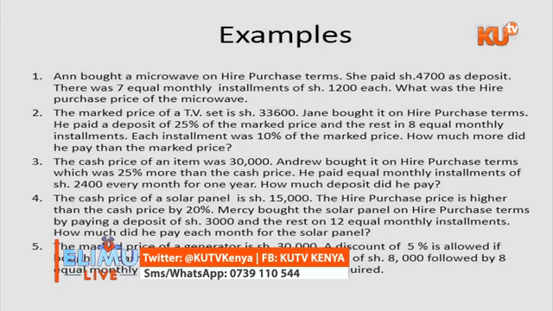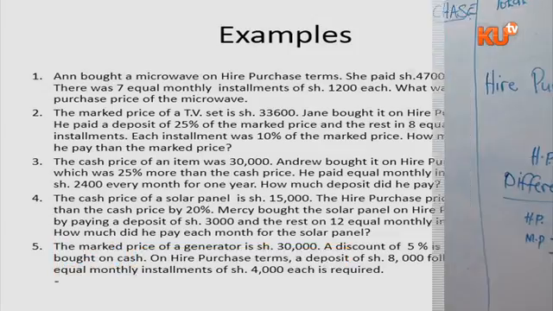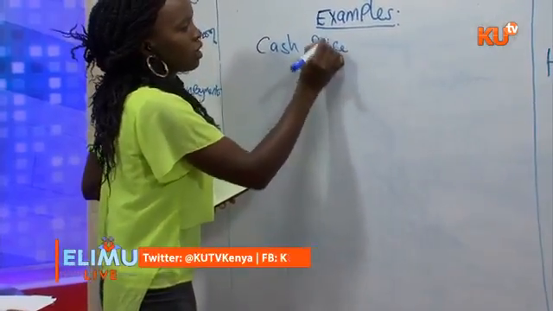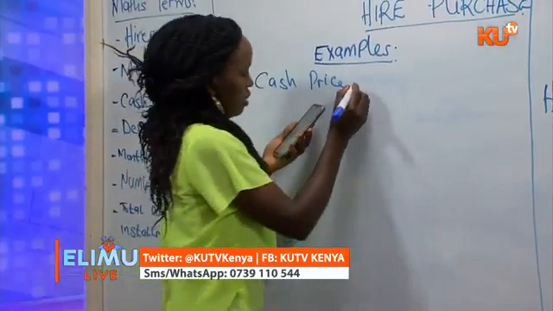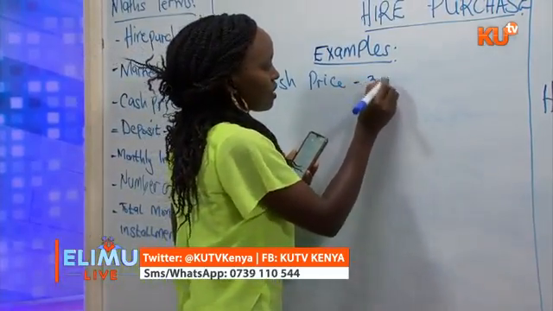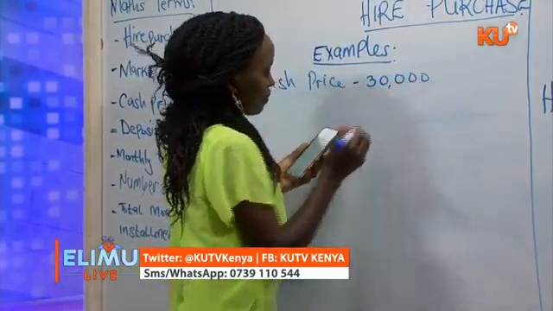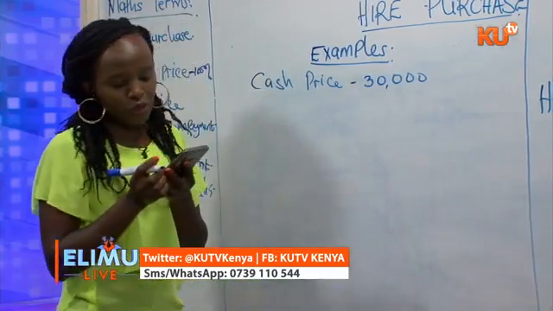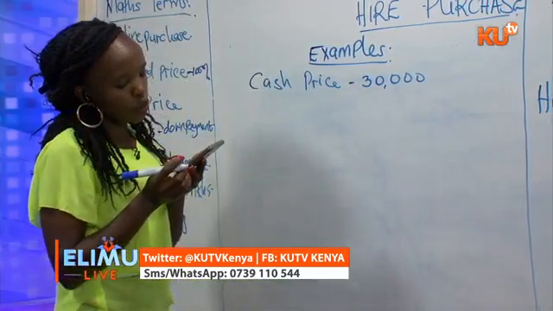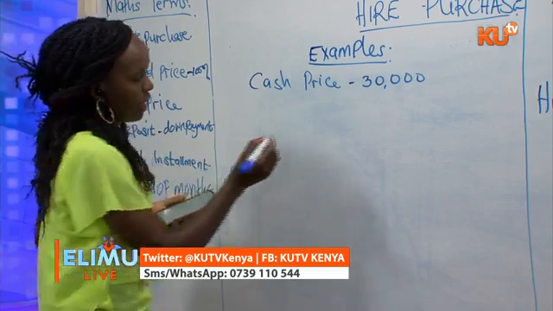Let's do this together. Here we are talking of the cash price. The cash price is 30,000. Andrew bought it on hire purchase terms, which was 25% more than the cash price.